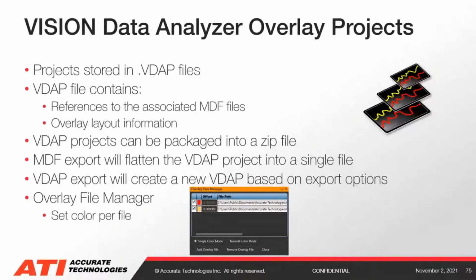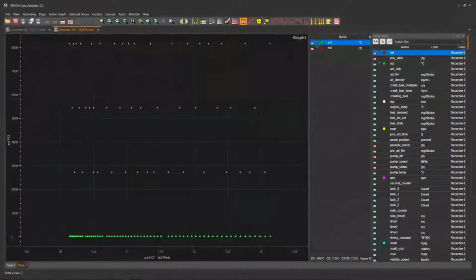So when you have a new VDAP file created, it'll ask you to select your first data file that you want to use, and then from there you can add subsequent files. So I'll go over this really quickly.